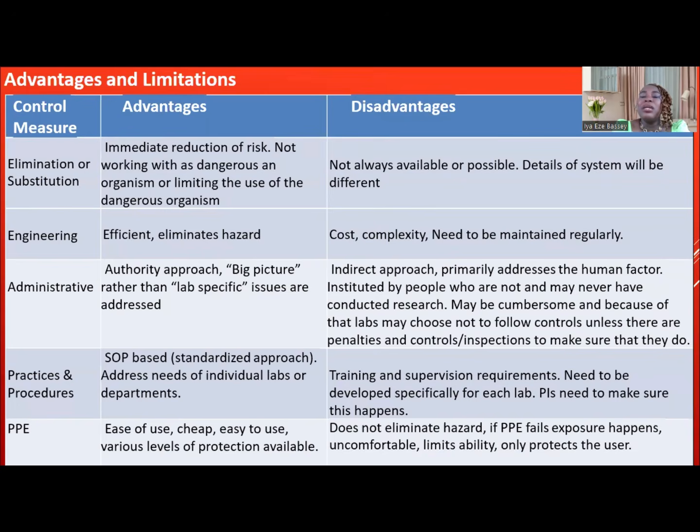A disadvantage of that method is that it's not always possible to find a non-pathogenic look-alike of an organism. And sometimes, because of that difference, there may be differences in the details of the system that you are using.